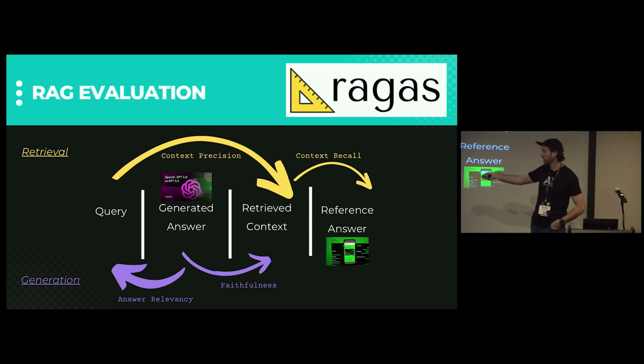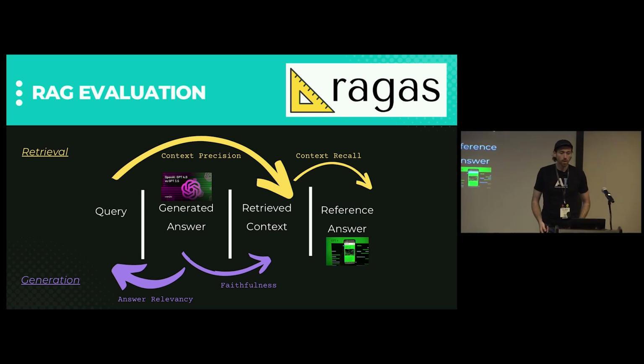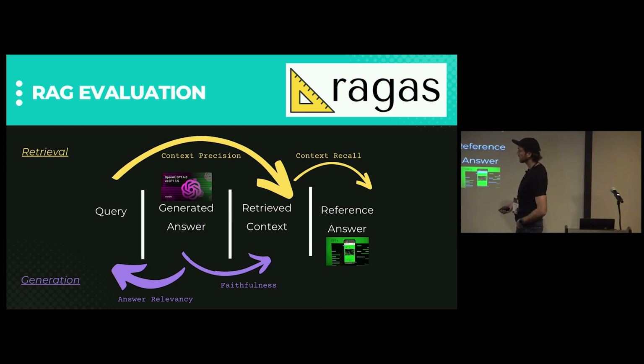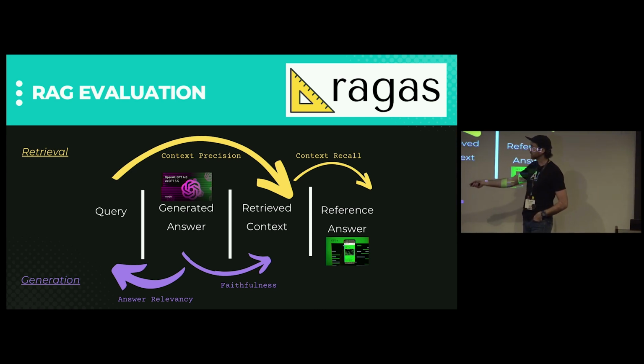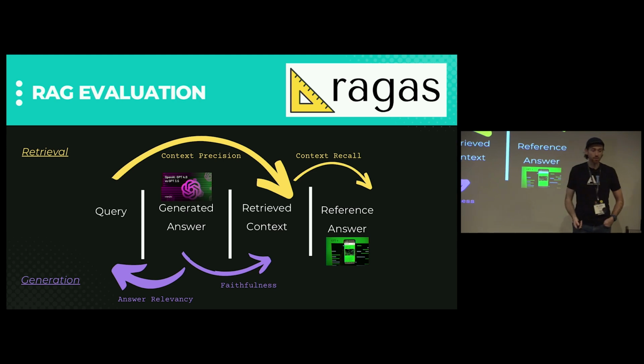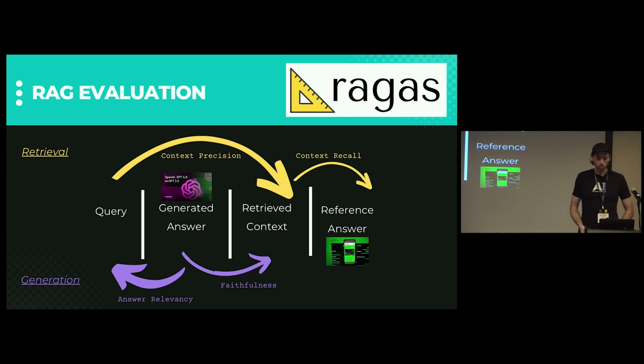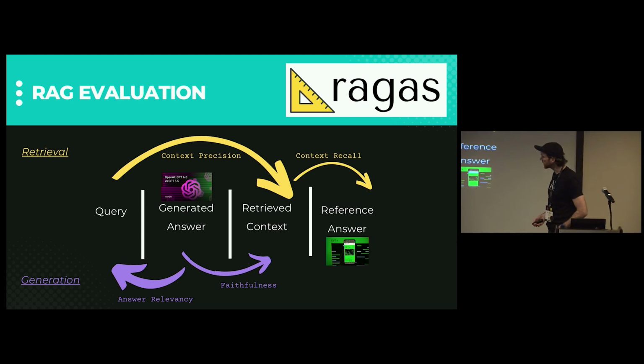If so, high faithfulness. When we talk about answer relevancy, what we're doing is computing a number that calculates a similarity between the answer and the query. What we're really saying is, based on the generated answer, would I expect to have had this query? So we're backtracking.